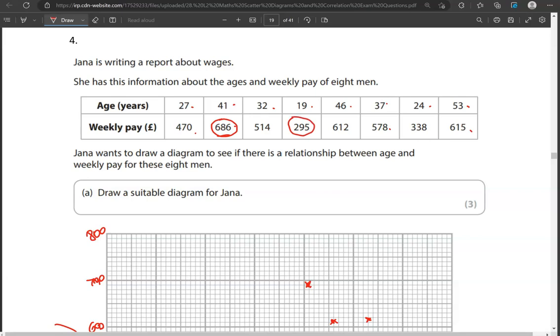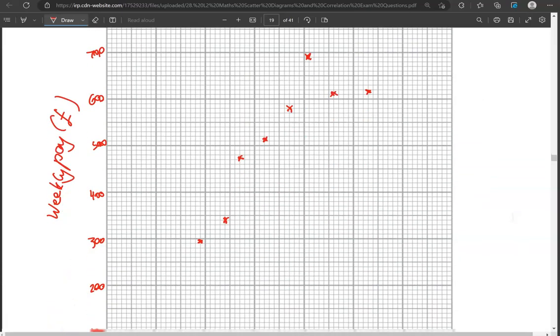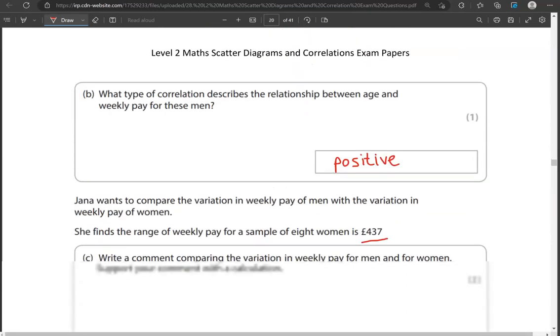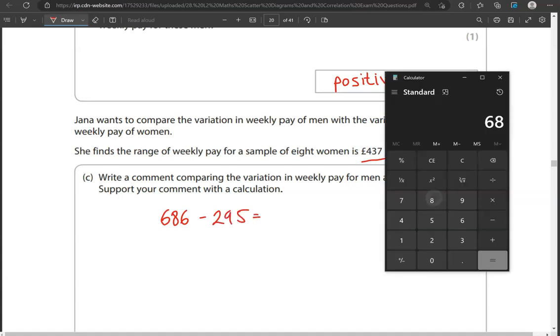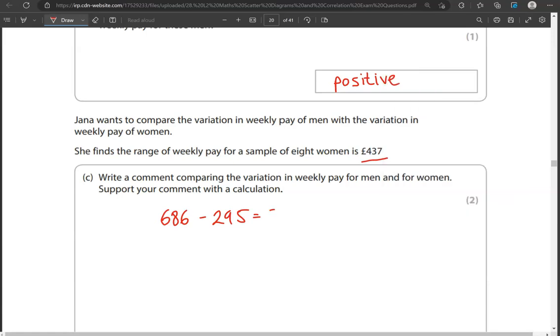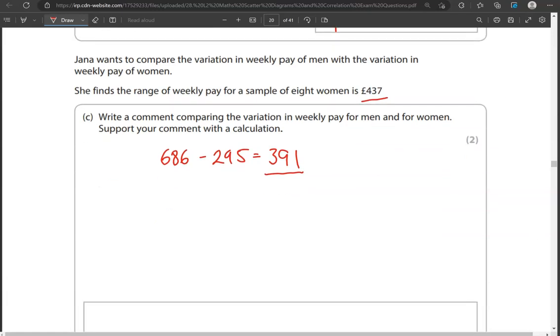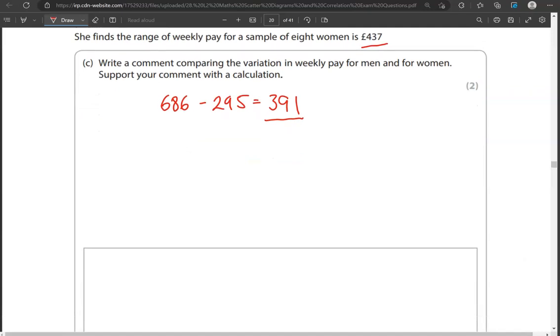So we're going to do 686 take away 295, which is 391. As you can see, the variation for men's pay is much lower than for women, which shows that pay is more consistent when it comes to men. So this is what we're going to say here.